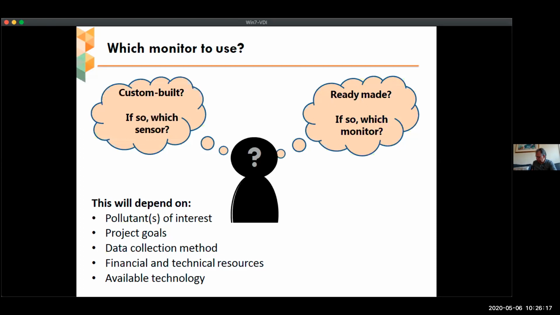It's really going to depend on what your project goals are. It's also going to depend on the data collection method and the financial and technical resources that are available to you, right? Are you going to be looking for a monitor that's really expensive or one that's more low cost and more available to you depending on the budget that you have?